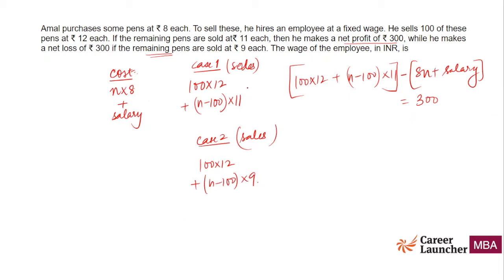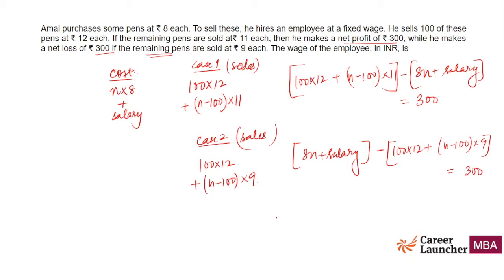So it's a loss for him. So that means cost is higher, which would mean 8n plus salary minus 100 into 12 plus n minus 100 into 9 is equal to a loss of 300, as it states.